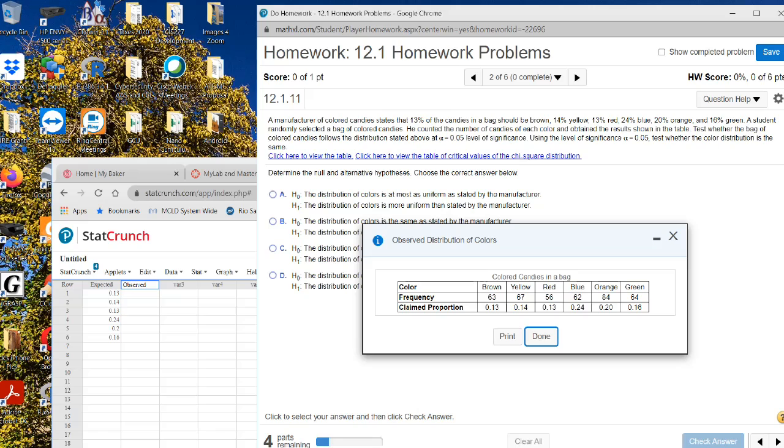So we need to change these counts of brown, yellow, red, blue, orange, green into proportions to match what I have in the expected. Or I can change the observed into the frequencies and change the expected into frequencies as well. And it sounds to me like that might actually work better.